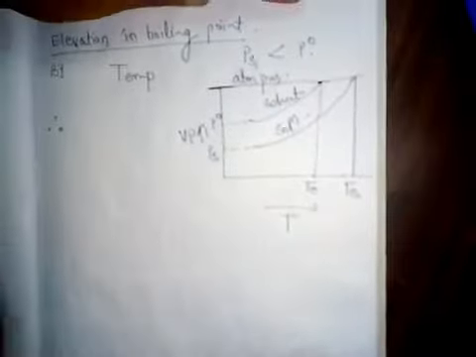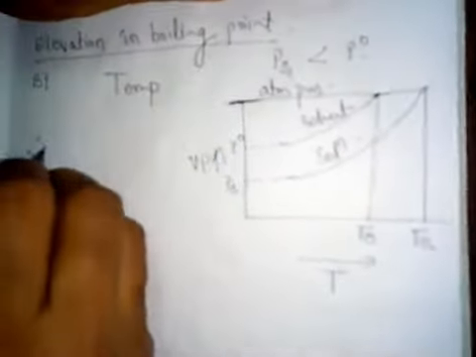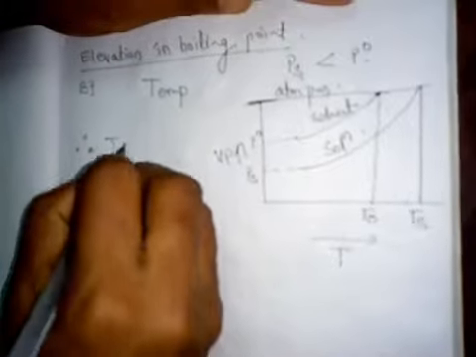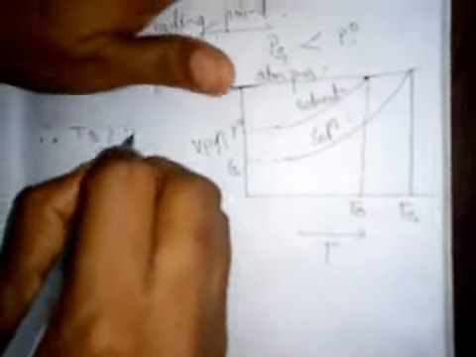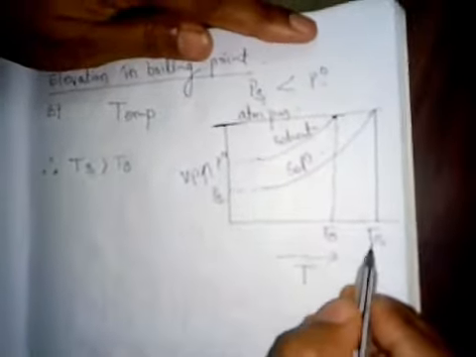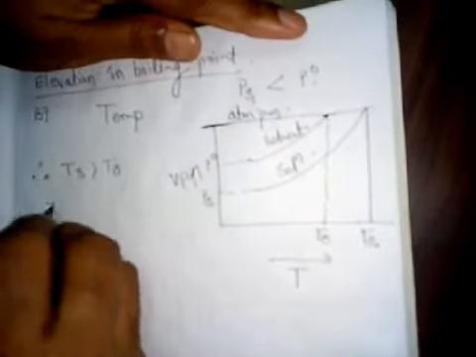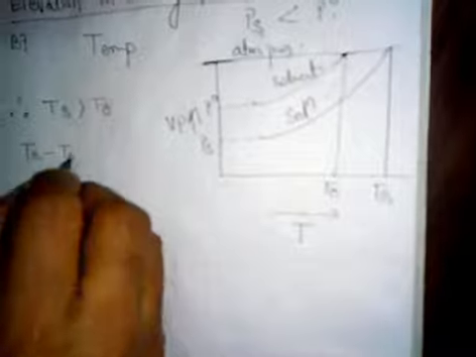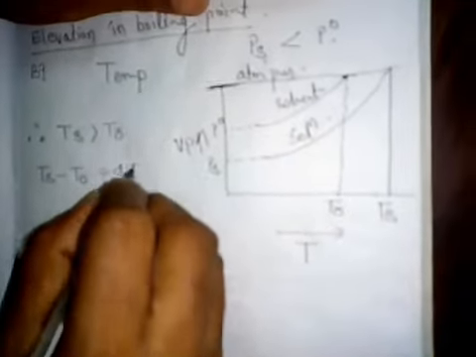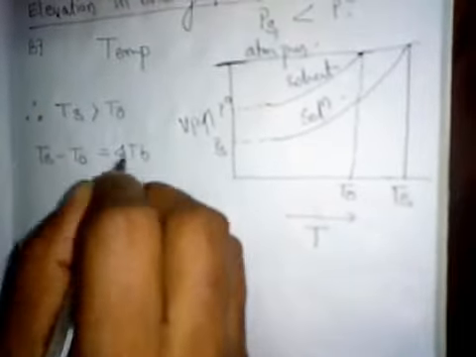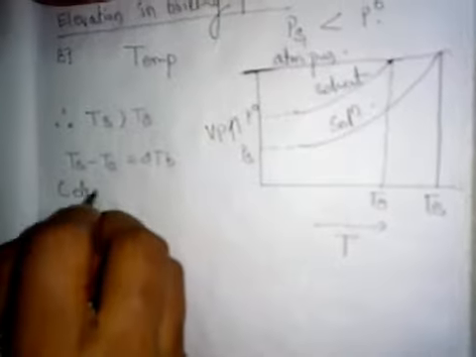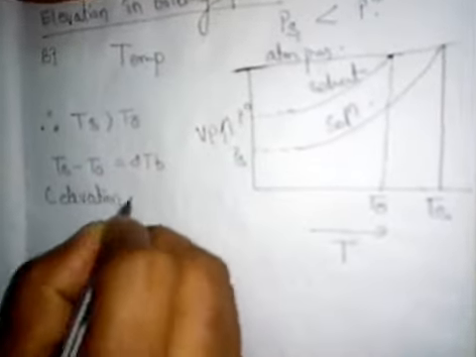Therefore, we can conclude that Ts is greater than T naught. From the graph, it is obvious. So Ts minus T naught is equal to delta Tb, and this is called the elevation of boiling point.